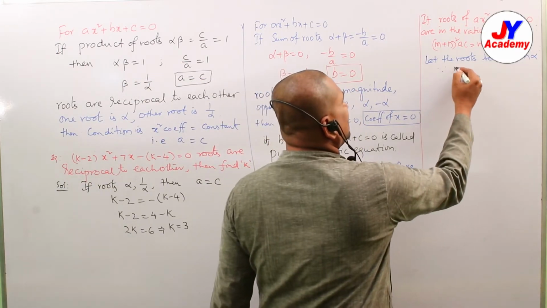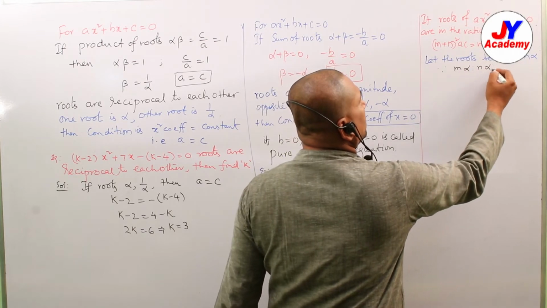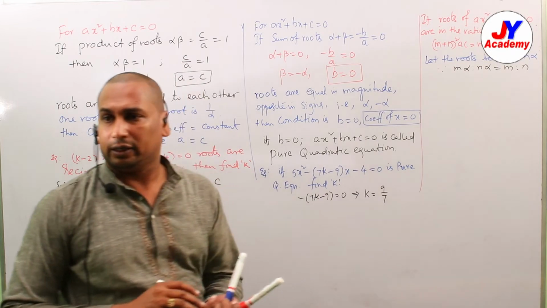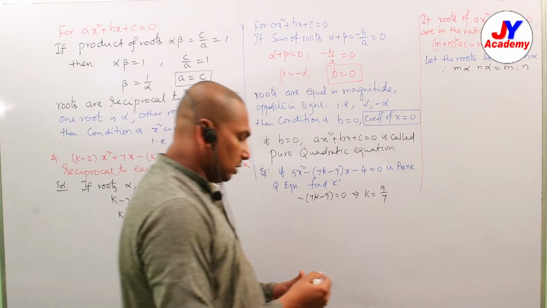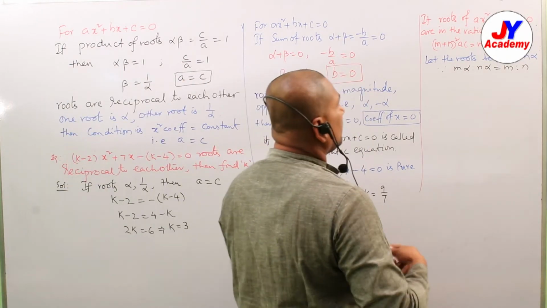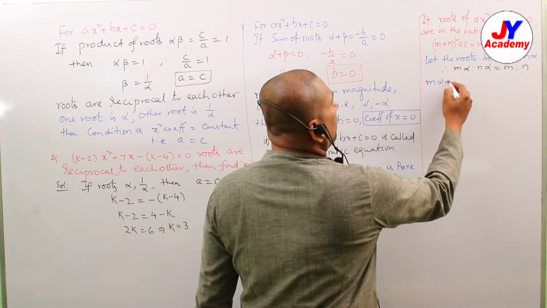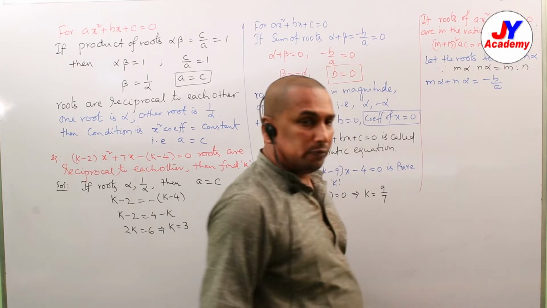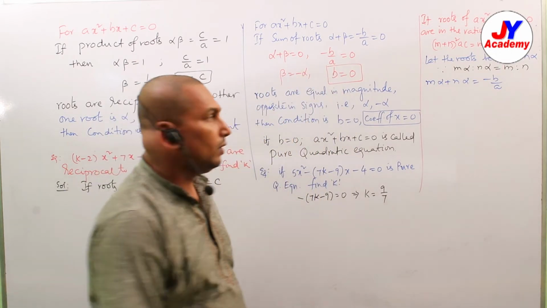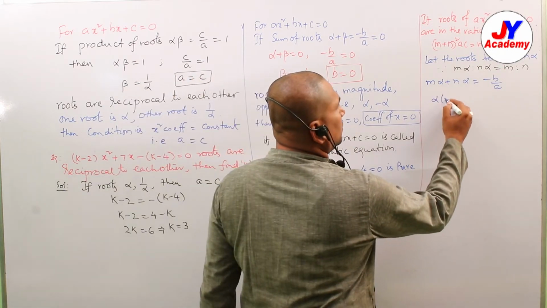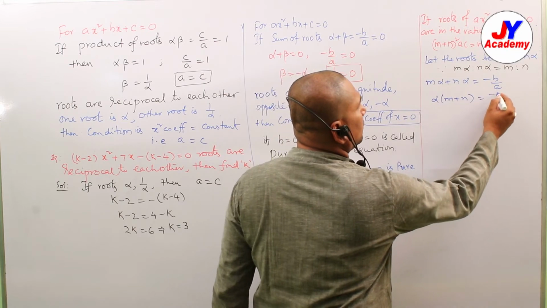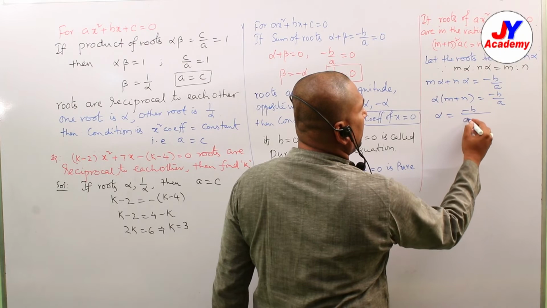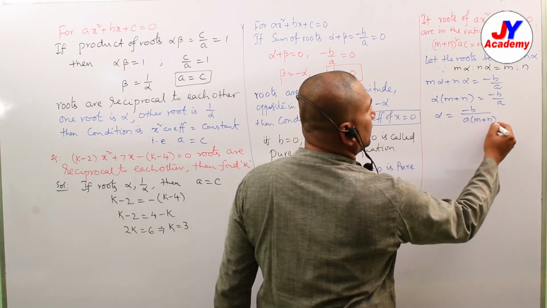Since m alpha is to n alpha is equal to m is to n, whose ratio is given. Now what is the sum of roots? m alpha plus n alpha is equal to minus b by a as per the formula. So alpha into (m plus n) is equal to minus b by a. So alpha is minus b by a into (m plus n). Let it be 1.